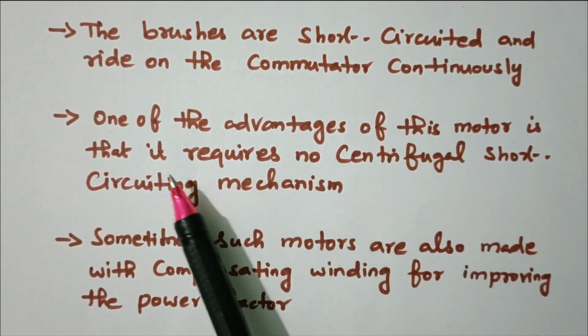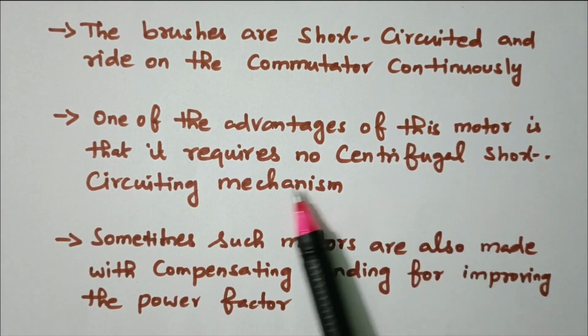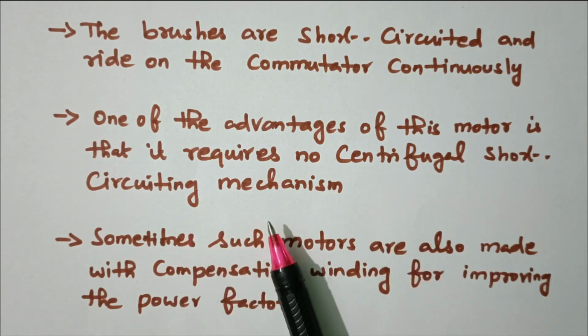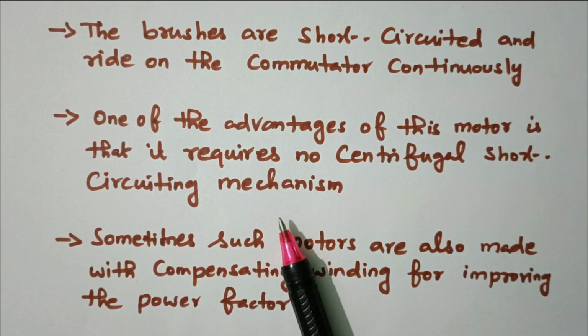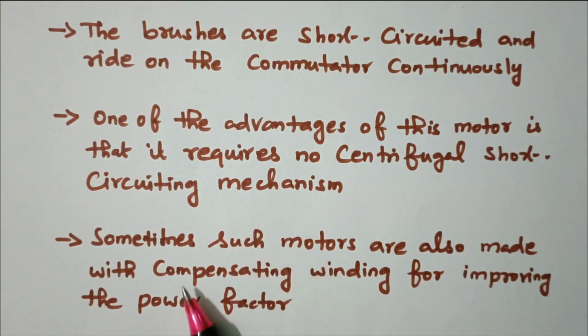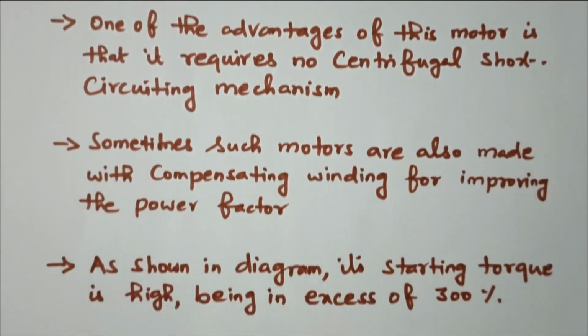One advantage of this motor is that it requires no centrifugal short circuiting mechanism. Normally, after starting, the starting winding is disconnected using a centrifugal mechanism, but here it is not needed. Sometimes such motors are also made with a compensating winding for improving the power factor.